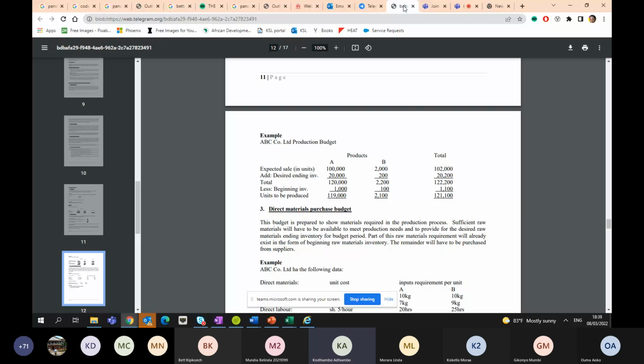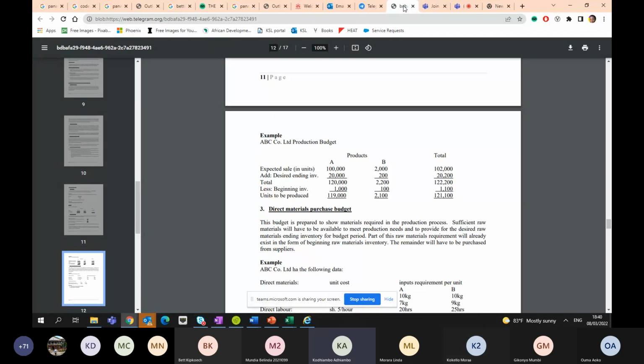Let's work with A for a moment. You have 100,000. Then maybe the policy, the ending value has to be 20,000. So after you sell the 100,000, you still need to retain the 20,000. So assuming you didn't have anything in the beginning, you'd need to produce 120,000 so that when you sell the 100,000, you're able to remain with the 20,000. Does it make sense up to there?